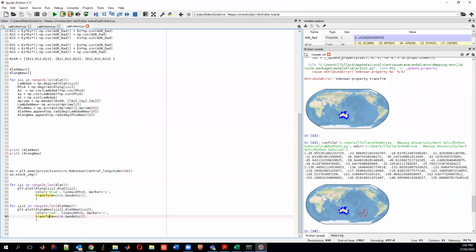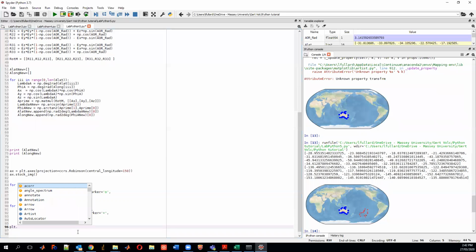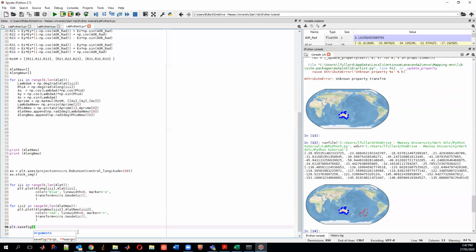Now you can see that we've rotated these points in Australia around this Euler pole, which is actually past north, and we've chucked Australia into the middle of the Pacific Ocean. I think that's worth plotting and saving that plot. So I'm going to plot.savefig rotation map.pdf.